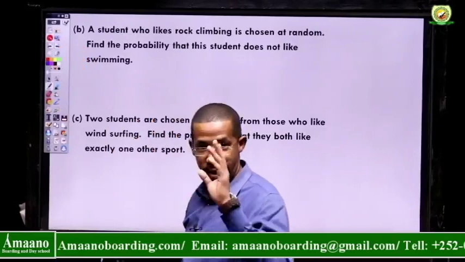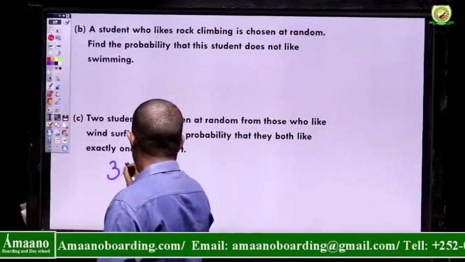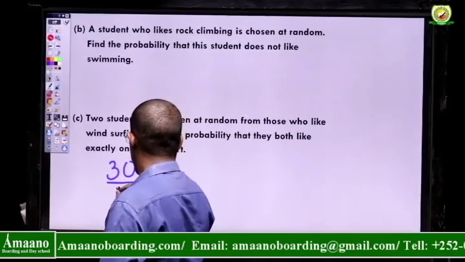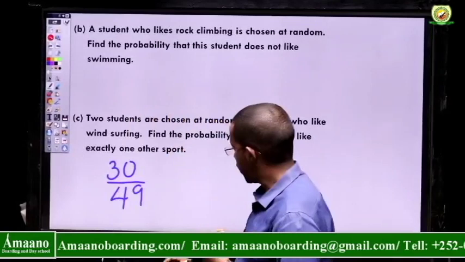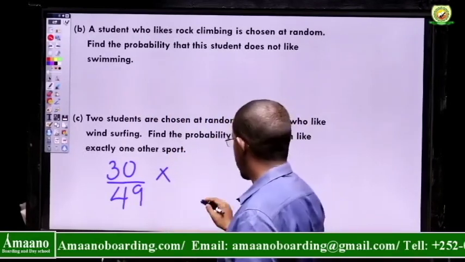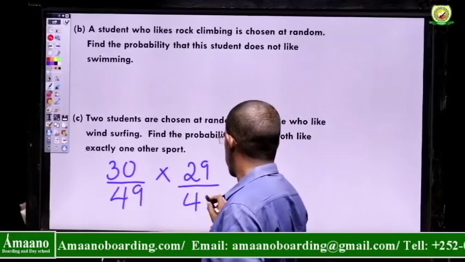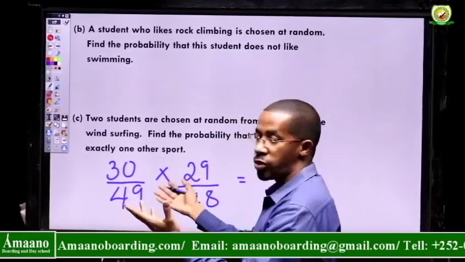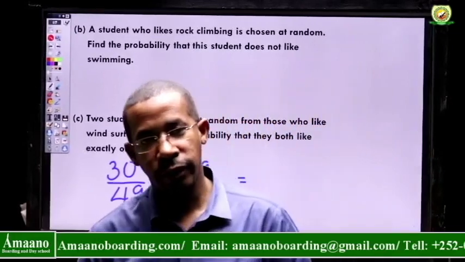The first time you draw, the probability is 30 divided by 49. You take one student, and you remain with 29 students. The total changes to 48. Then you simplify this, and the problem is sorted.